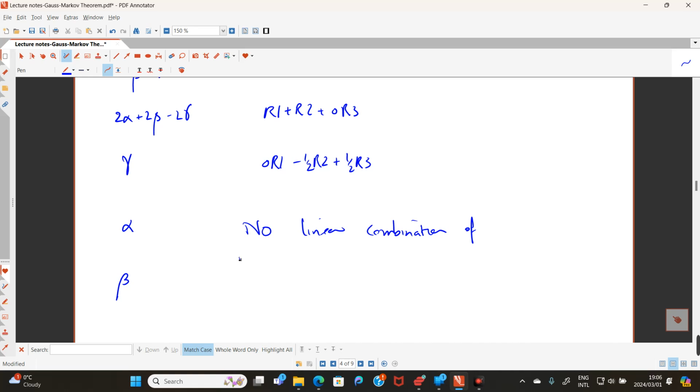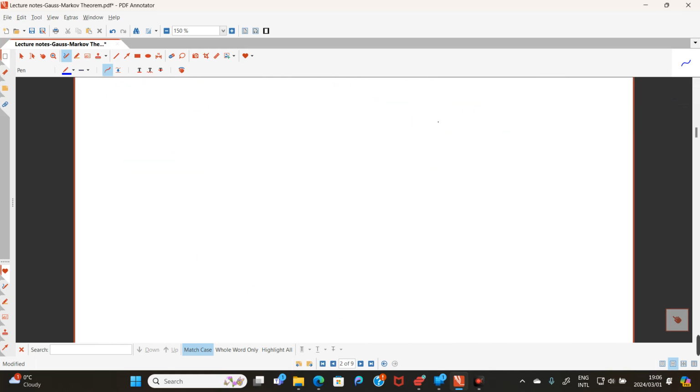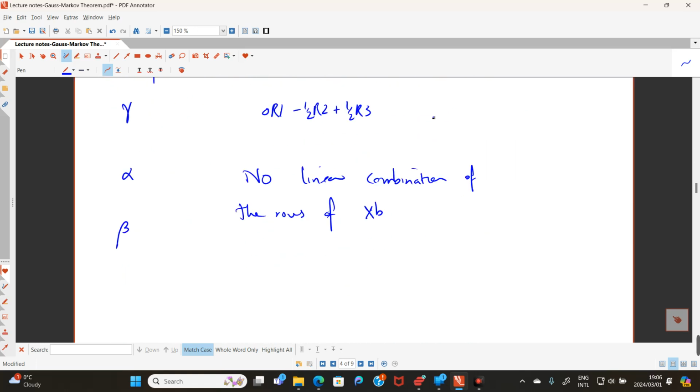Once again, remember I denoted the design as X and the vector of parameters as B. So there is no linear combination of the rows of XB that yields, for instance, alpha or beta.